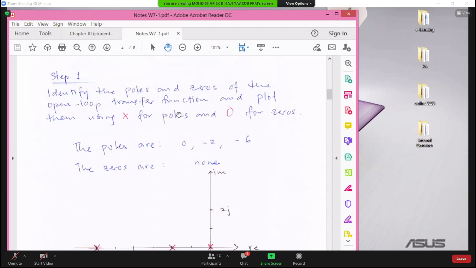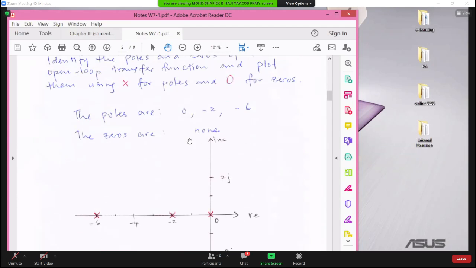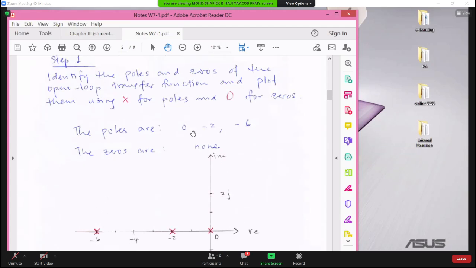So step 1, identify the poles and zeros of the open loop transfer function and plot them using X for poles and O for zeros. So you have 3 poles, 1 at the origin, and -2 and -6. There are no zeros.